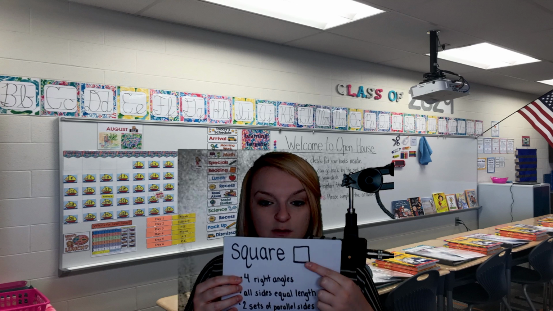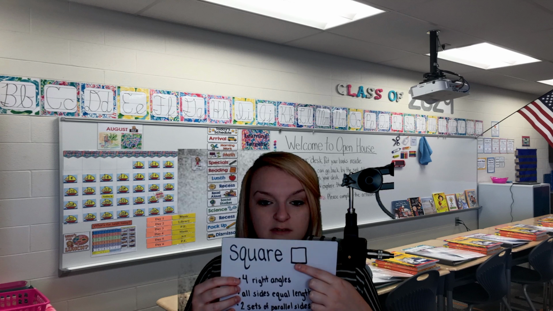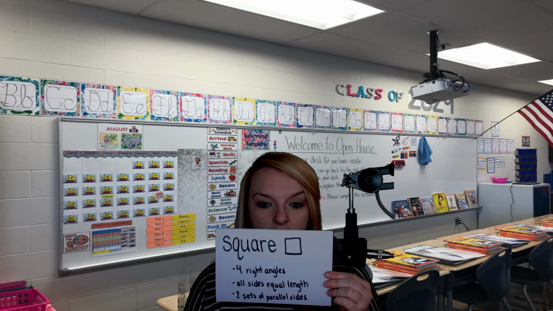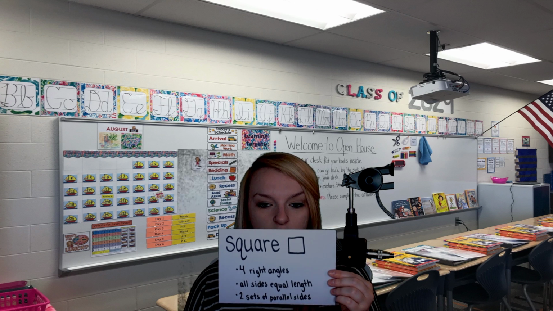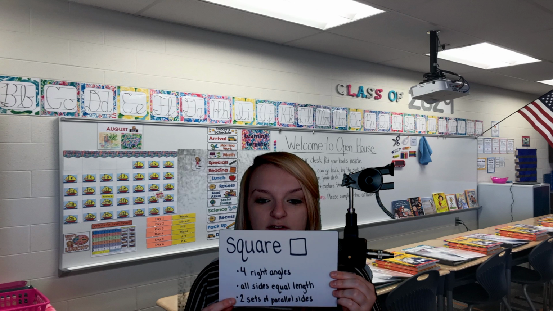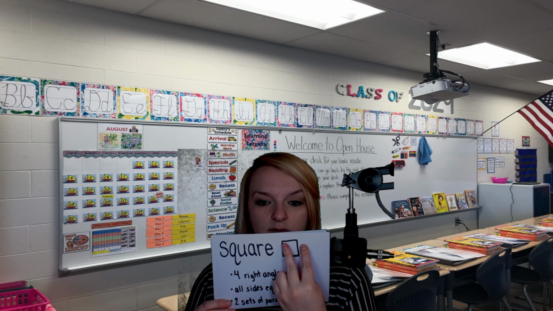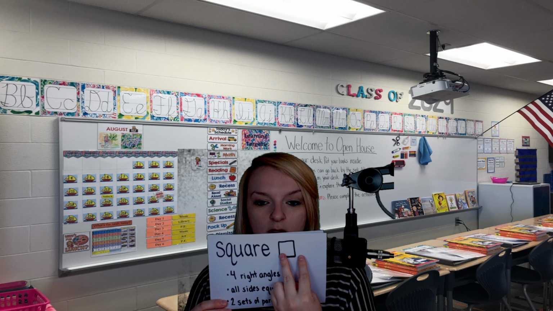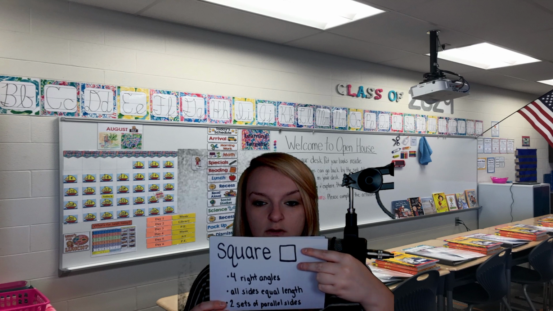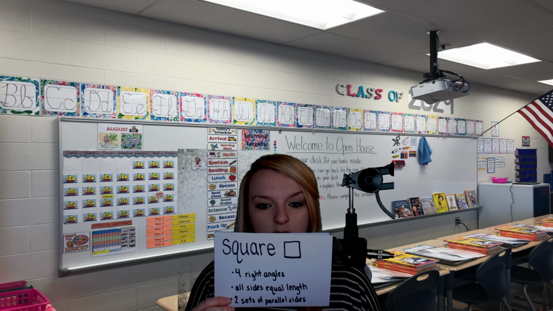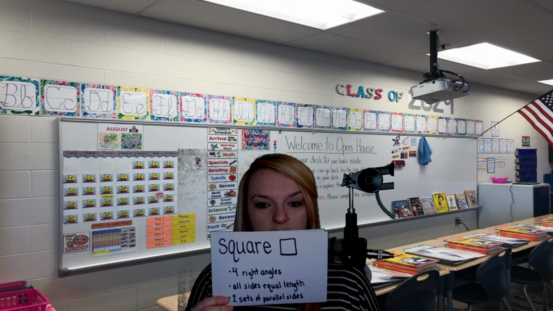So when I take this square, every corner of this square would fit a little square inside. Remember, right angles mean we fit a little square in the corners. And it also has 2 sets of parallel sides. So let me see if I can do this. These 2 are parallel, and these 2 are parallel. That's 2 sets.